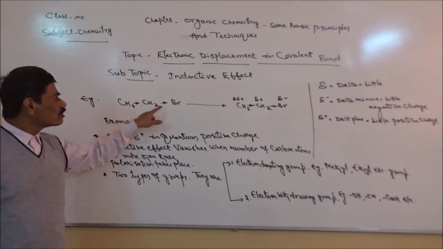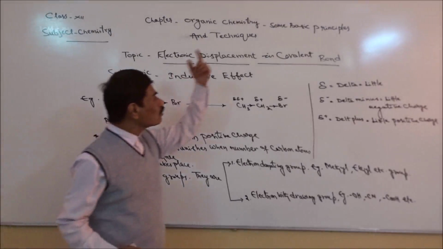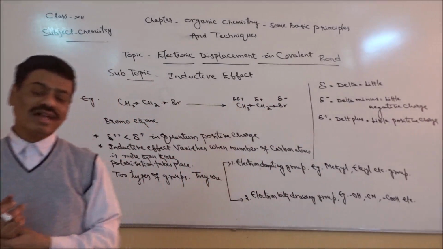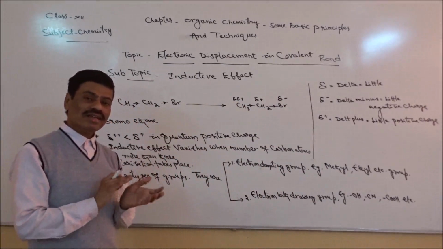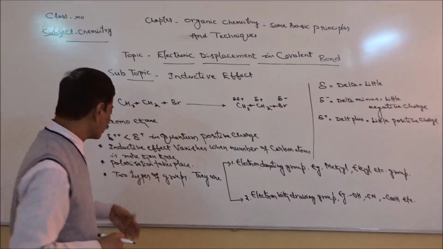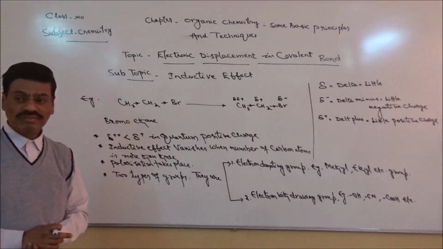The head of this arrow mark shows the movement of the covalent bond, meaning the electron pair, towards the atom which is attracting that electron pair. So that is about the inductive effect, and these are the changes which are going to take place during the inductive effect phenomenon.